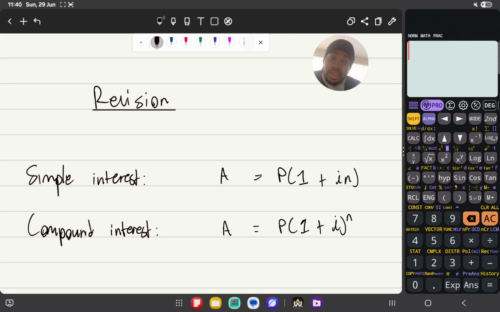So by the end of year one, you would have gained interest of 100 rand, meaning your total amount of money, everything including interest, will be 1100 rand, right?